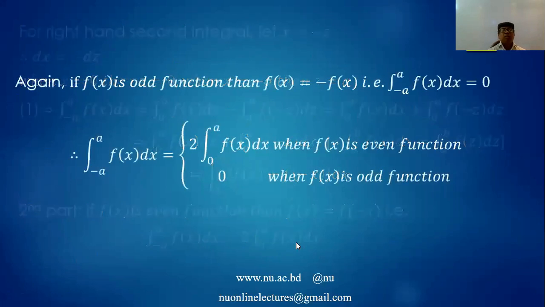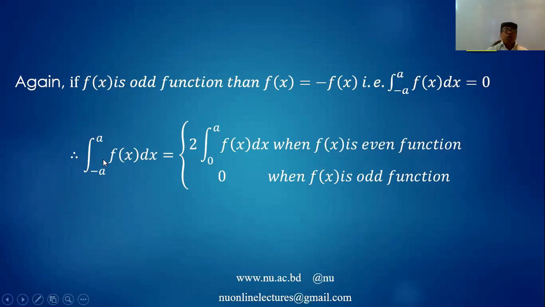When f of x is an odd function, f of minus x equal to minus f of x, so the integral will be 0. So for even functions it is 2 into integration 0 to a f of x dx, and for odd functions it is 0.